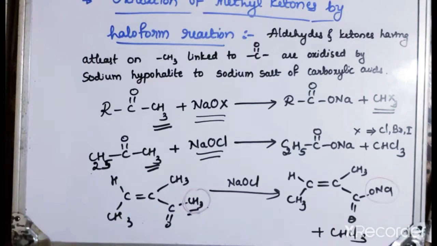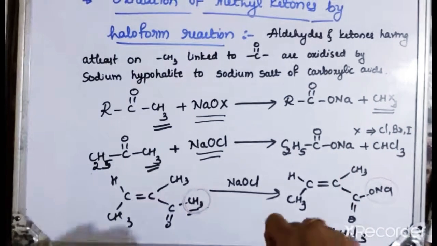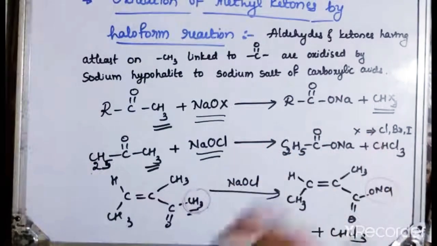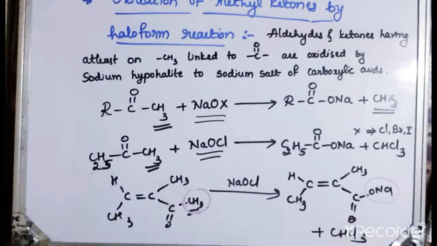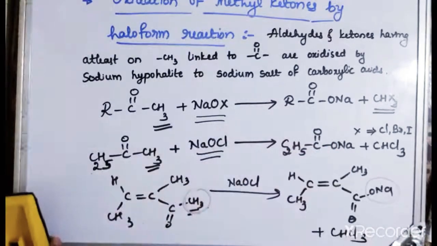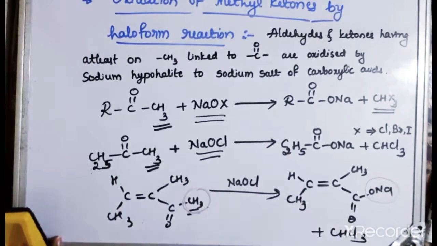And we have studied reduction reactions, where two named reactions we have seen, Clemmensen reduction and Wolff-Kishner reduction. Then we have studied the oxidation reaction. Two important tests we have seen, Tollens test and Fehling's test, and the haloform reaction in the oxidation. So these are the reactions for today's class. We'll continue the remaining reactions in the next class. Thank you.